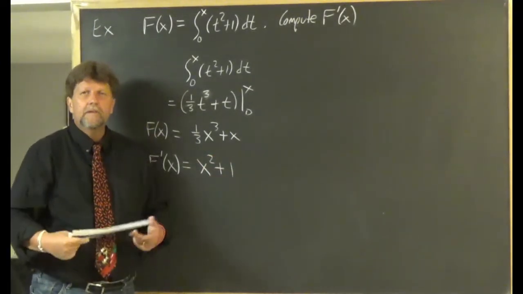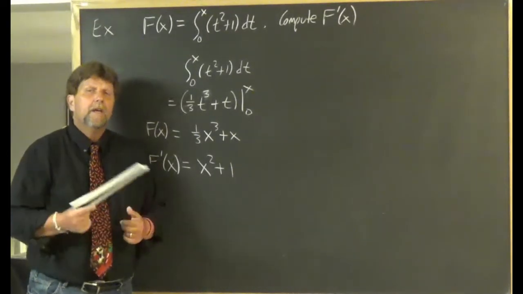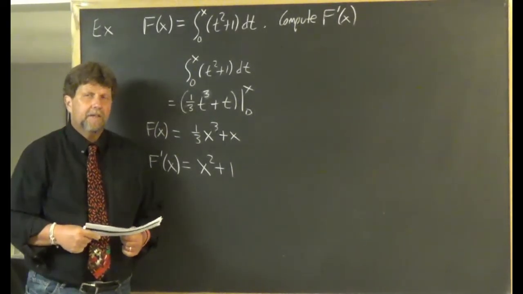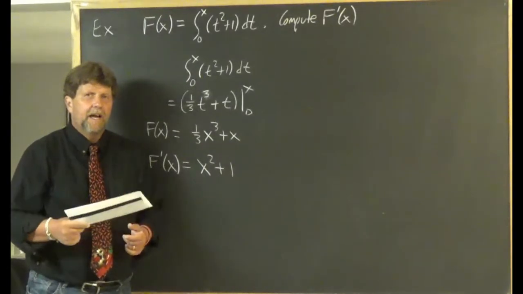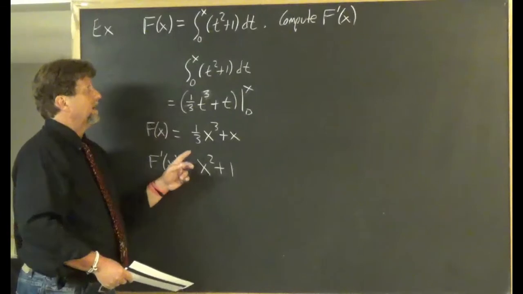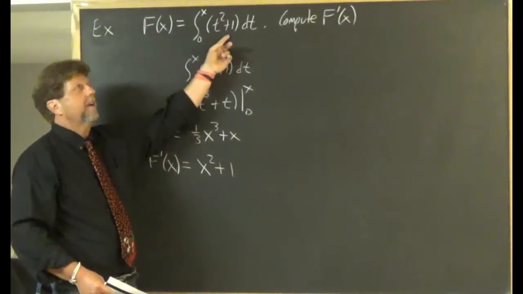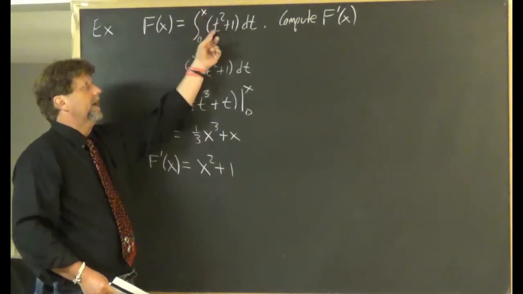So this example was very easy, and it's also foreshadowing something I'm going to call the second fundamental theorem of calculus. You'll hear me say this on the slides, but doesn't it look like f prime of x is nothing more than taking the integrand here and evaluating it at x?